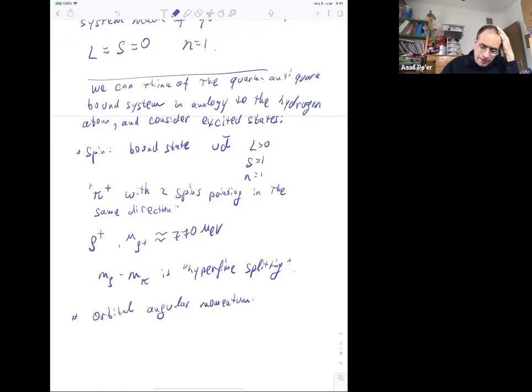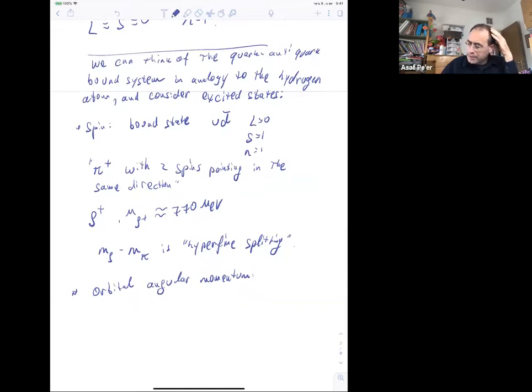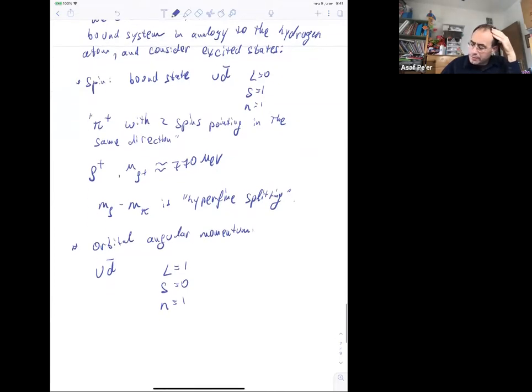So again, just a quick example. I just want to give you the feeling of what there is, right? If we consider a bound state made of an up and anti-down particle, with now L equal to 1, S equal to 0, and N equal to 1, then this is called a B meson.